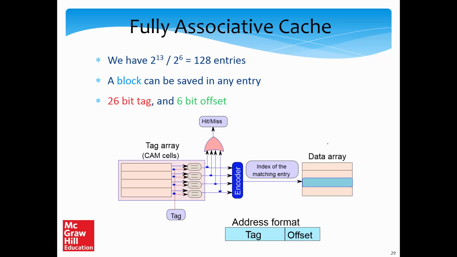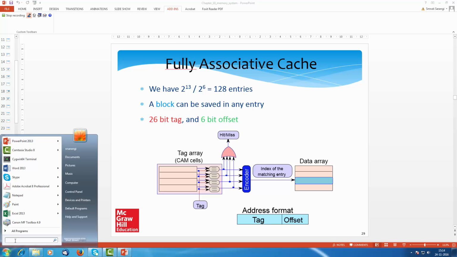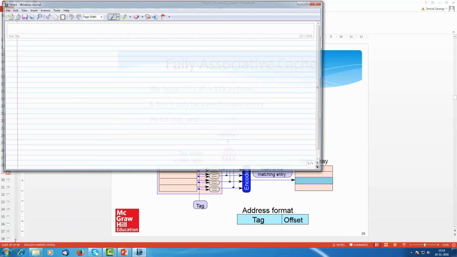So let me maybe move out of PowerPoint. So the problem that we have at hand is that we have a cache with 128 entries.